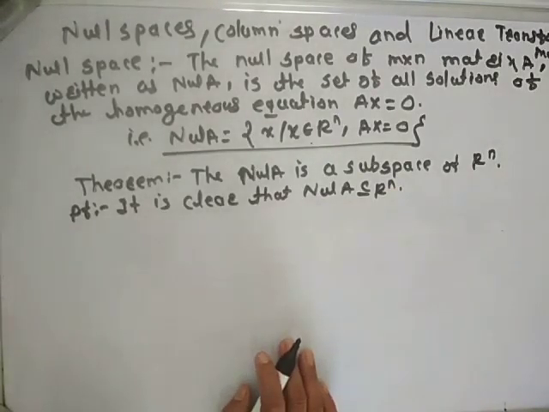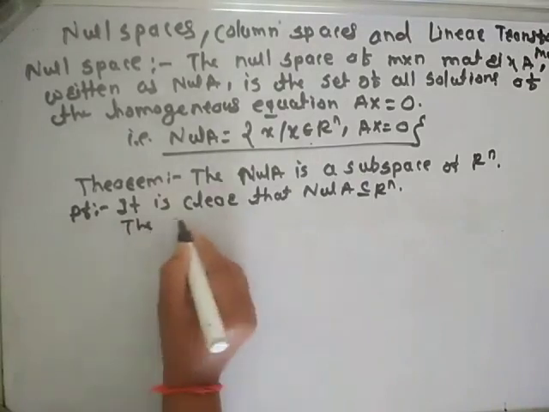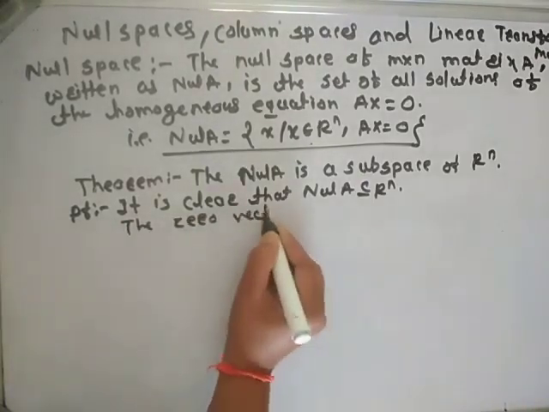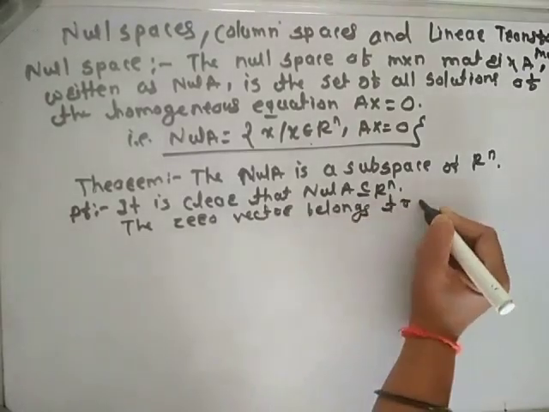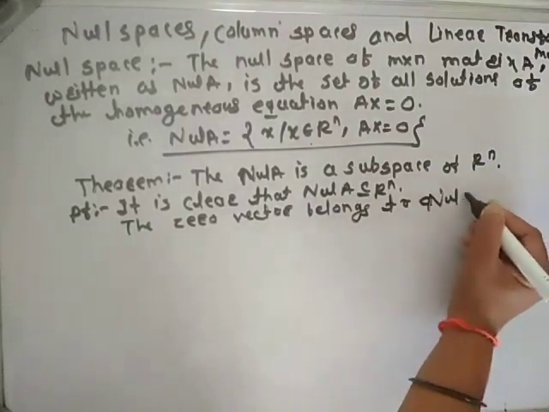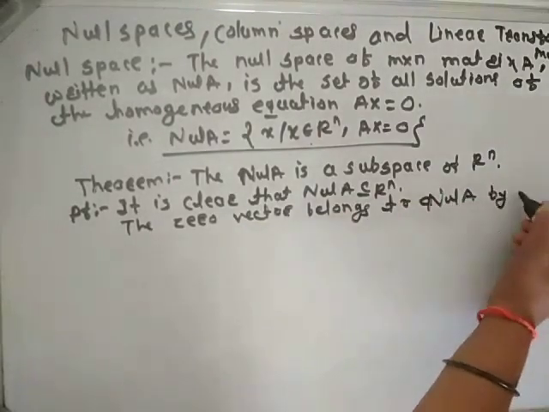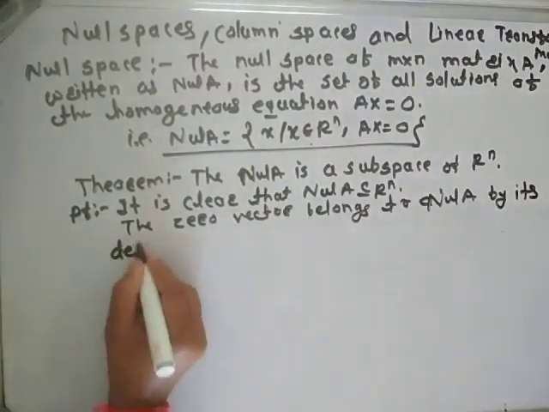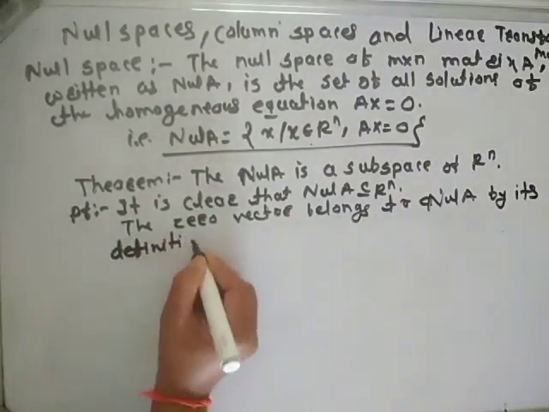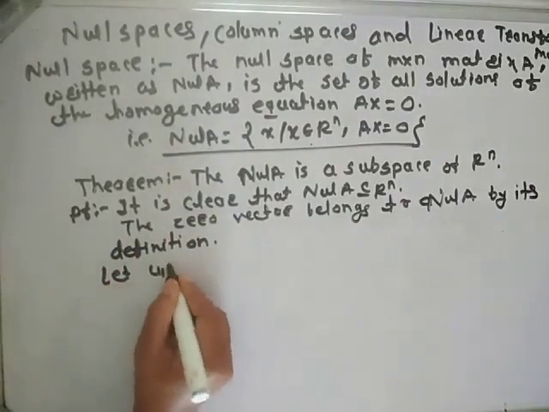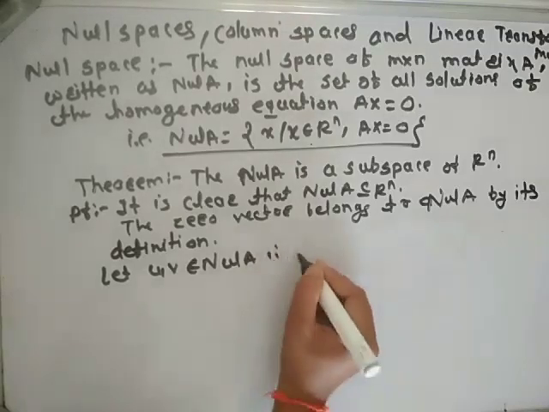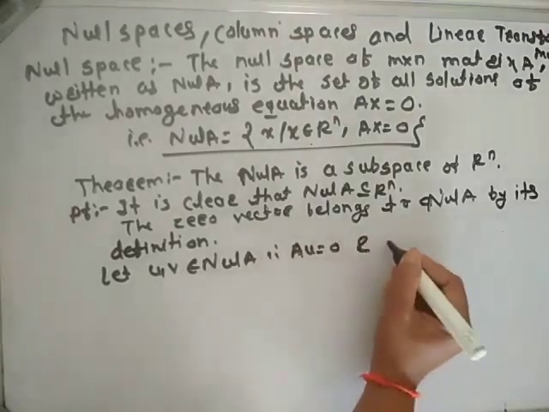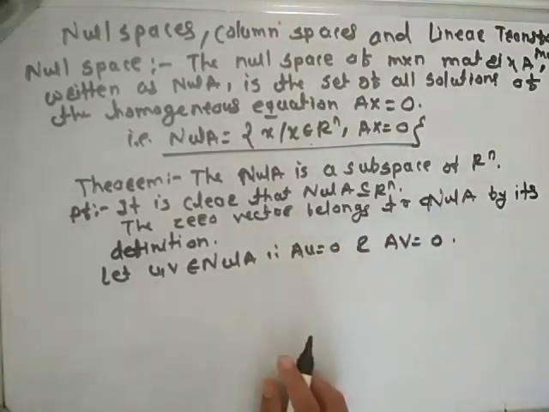The zero vector belongs to the null space of A by its definition. Let u, v belong to null space of A. Therefore, A into u is equal to 0, A into v is equal to 0 by the definition of null space.